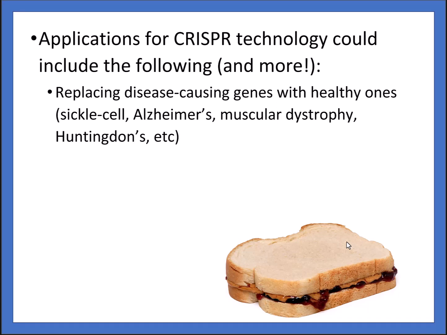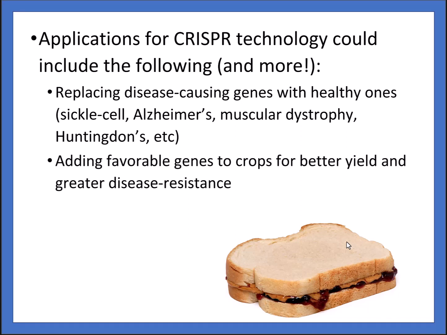Applications for CRISPR technology could include the following and many, many more, because we are truly editing genes with the system. Replacing disease-causing genes with healthy ones, like those for sickle cell, Alzheimer's, muscular dystrophy, Huntington's disease, etc. Any disease that's caused by one gene, that gene could be removed, and then that particular disease won't exist in that individual anymore.